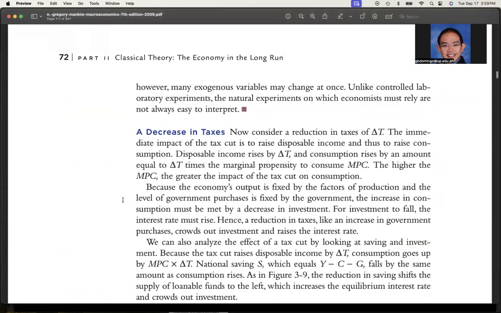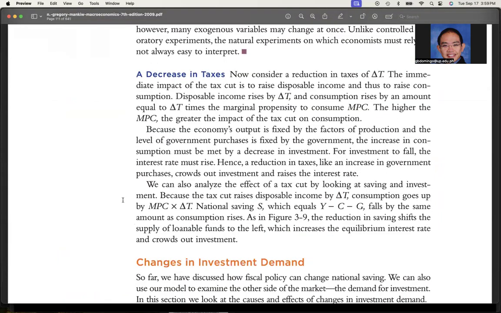A decrease in taxes would also tend to lower public saving, right? But check this out. Consider a reduction in taxes. Well, first we'll focus on disposable income. Disposable income rises by change in T. Consumption rises by change in T times MPC.